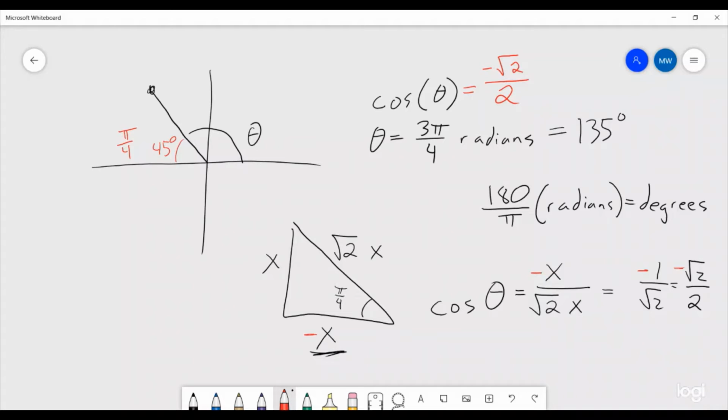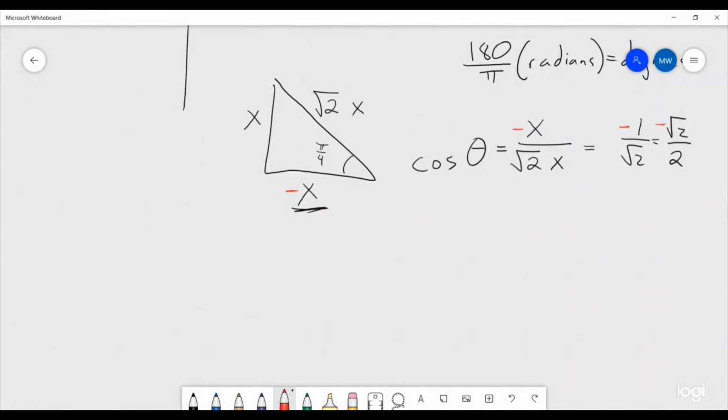And you can do the same thing for any of these other angles. You just have to pay attention to which values are going to be positive or negative x. So using the same theta, let's figure out what is going to be tangent of theta. So what is tangent of 3 pi over 4? Well, tangent is opposite over adjacent, so this is going to be x over negative x, which is going to simplify to be a negative 1.